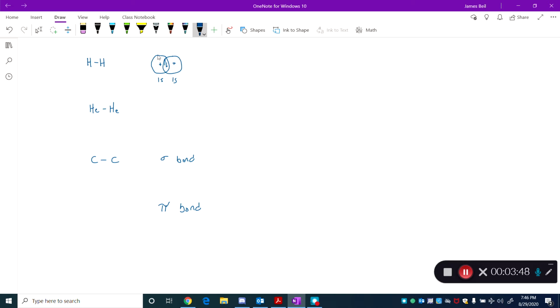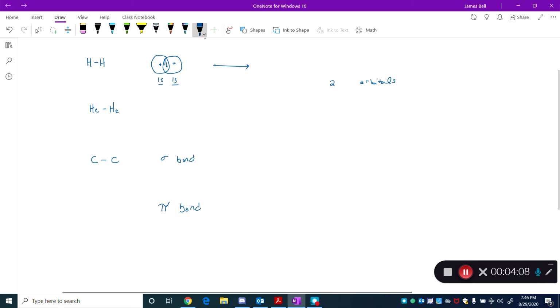And the number of orbitals you start with has to be equal to the number of orbitals created. So since I have two total orbitals, two individual 1s orbitals, I have to get two orbitals created. So isn't that the anti-bonding and the bonding orbitals?